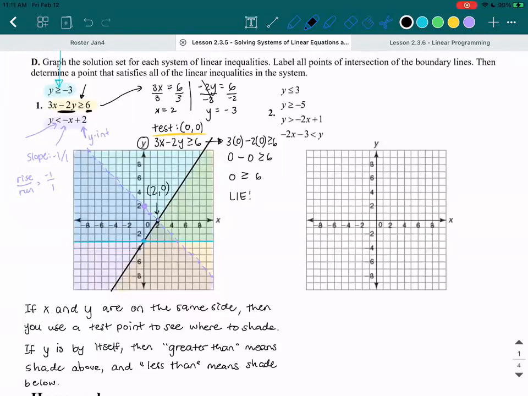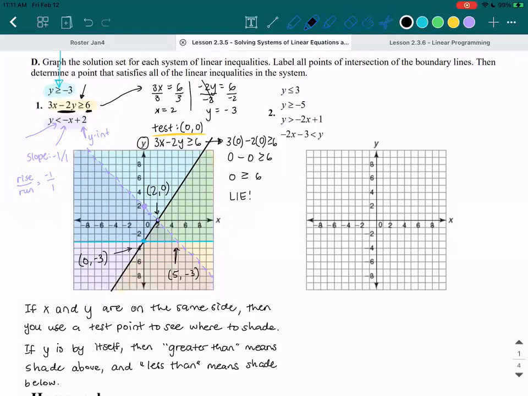Okay, and then we also have another intersection right over here where the blue and the purple cross over. That is 5, -3. And then we have one more point where the blue and the black cross over, and that is at 0, -3. Remember, always put your x first and then the y afterwards.